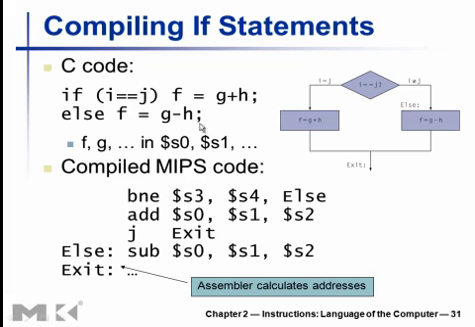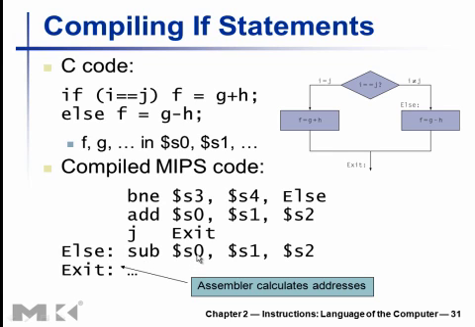If we compile this C if decision structure to MIPS code, it will be this code. BNE S3, S4. We assume S3 stores i, S4 stores the value j. If i is not equal to j, we jump to the else part, and then we do the subtraction.